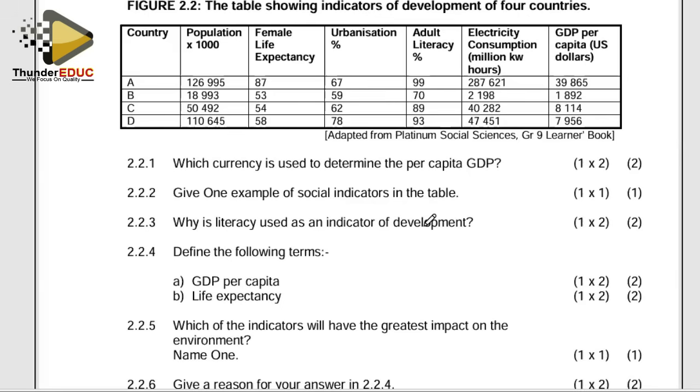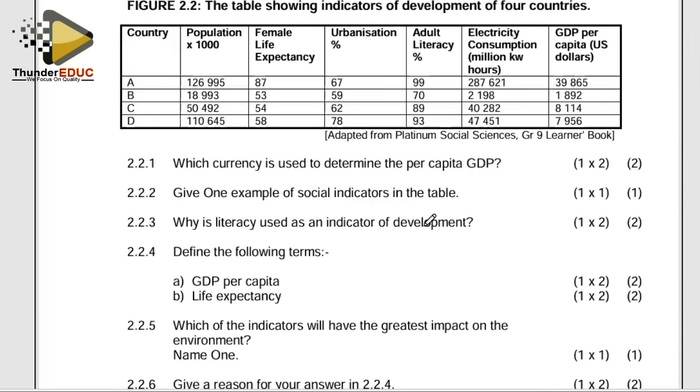We go on to electricity consumption. We see 287,621, 2,198, 40,282, 47,451. Then GDP per capita in US dollars, 39,865, 1,806, 892, 8,114.